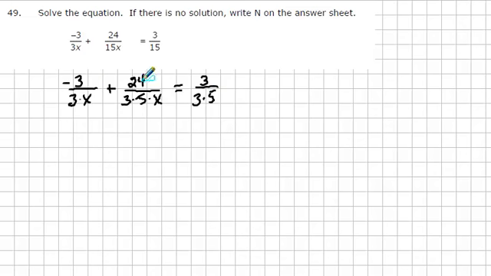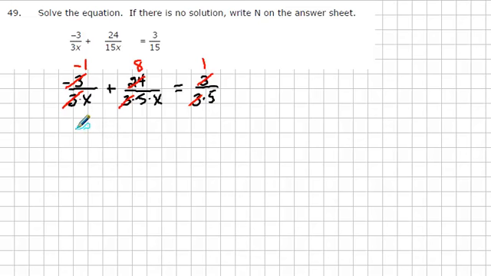Now notice that some of our fractions are not in simplest form. The first fraction, we have 3 as a factor in both the numerator and denominator. Same thing with the second fraction and the third fraction. All of them have a factor of 3. So let's go ahead and divide out the common factor. 3 goes into negative 3, negative 1 time. 3 goes into 24 8 times, and 3 goes into 3 1 time.